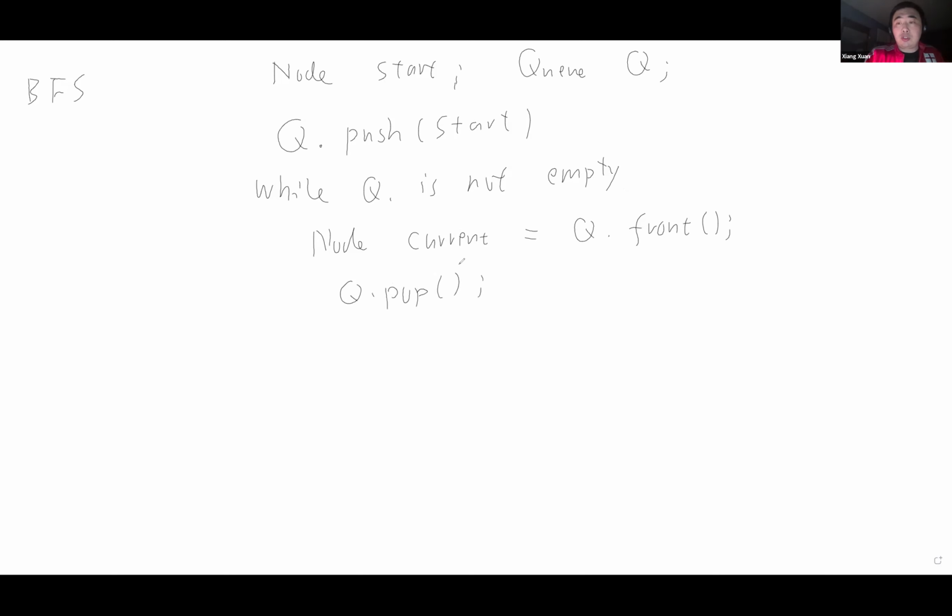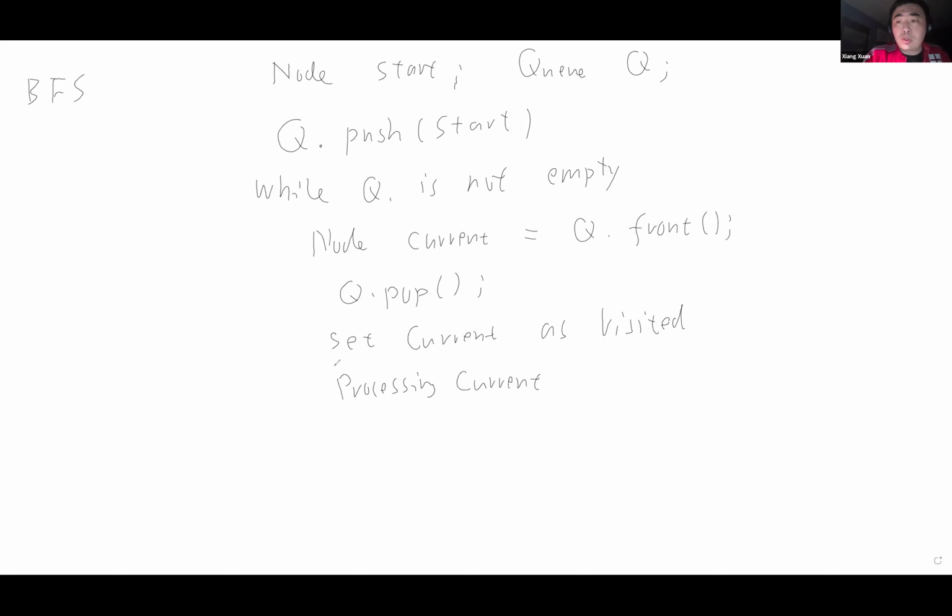Okay. Then, since you are processing this node, one very important thing is you will set the current as visited. This is a common thing in graph traversal, right? Set current as visited, then you're processing current. This might depend on the problem, right?